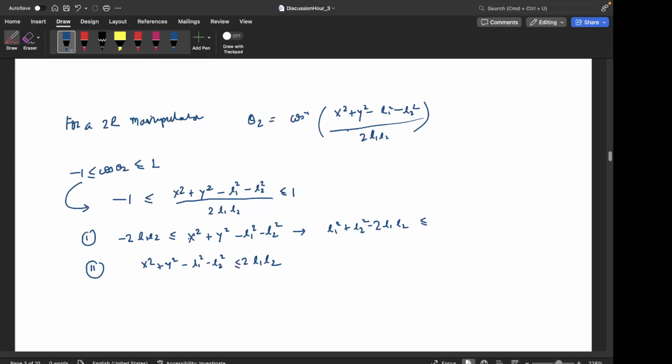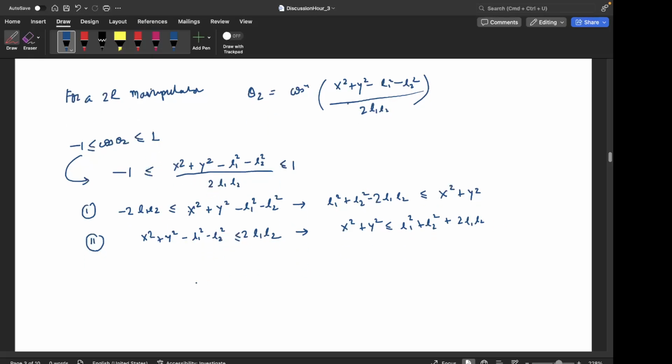And that should be less than x square plus y square. And same way here we can write x square plus y square should be less than L1 square plus L2 square plus 2 L1 L2.